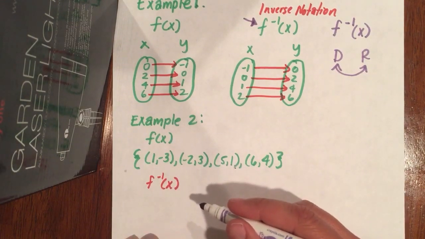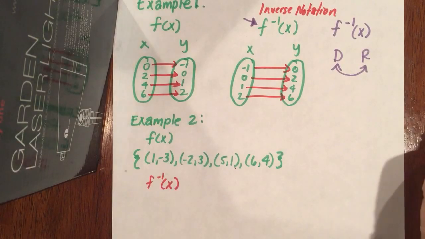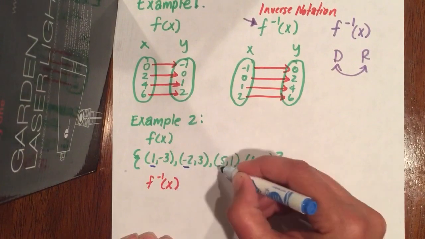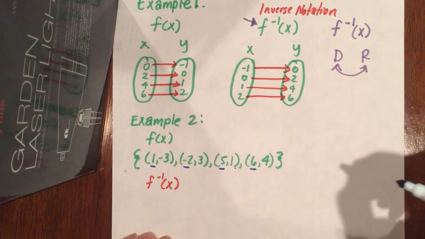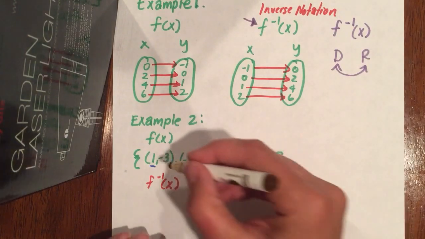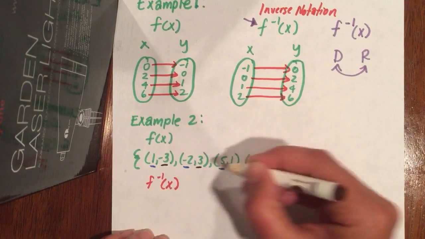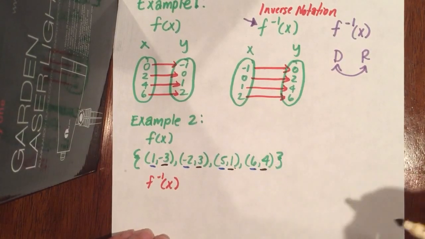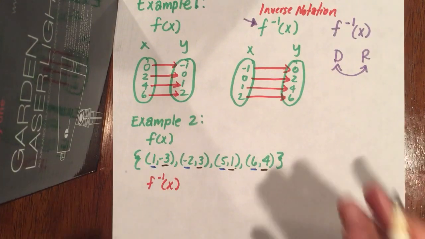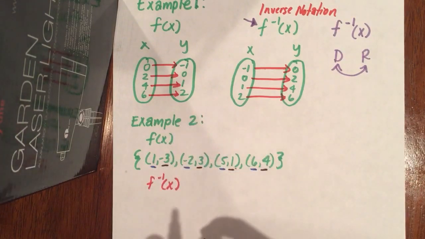What this is telling me is that all of my x-coordinates, or my inputs, are what I'm underlining in blue. Those are all my x's. All of my outputs, or my y-coordinates, are what I'm underlining in brown. Input, output. That's the original function, just your plain old f of x.